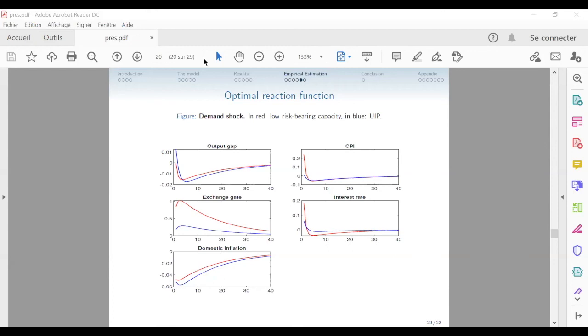Both. A supply shock is a shock on the supply curve, an increase in costs. It's not a productivity shock. It's a shock on the supply curve, that is, on the Phillips curve. That's it, and it decreases the output gap, and even more with the appreciation after. But that's the question of cost.